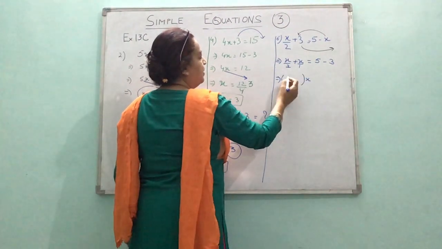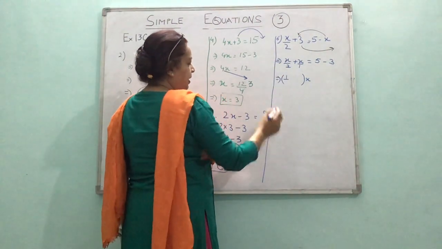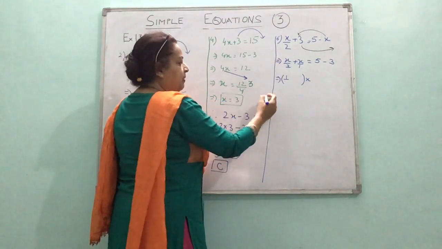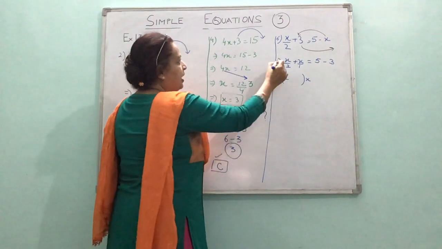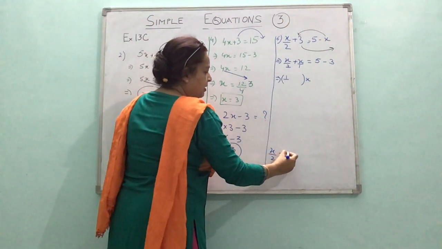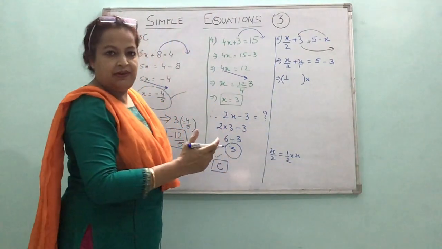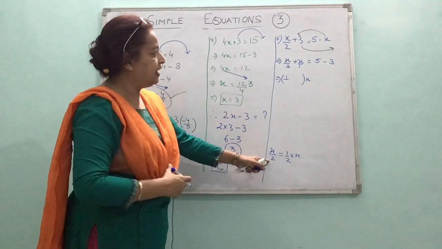I am writing x here and I'll just copy. See, x by 2 actually means x multiplied by half. x by 2 actually means it is 1 by 2 into x. So 1 into x, we don't write 1, so it can be written as x by 2.